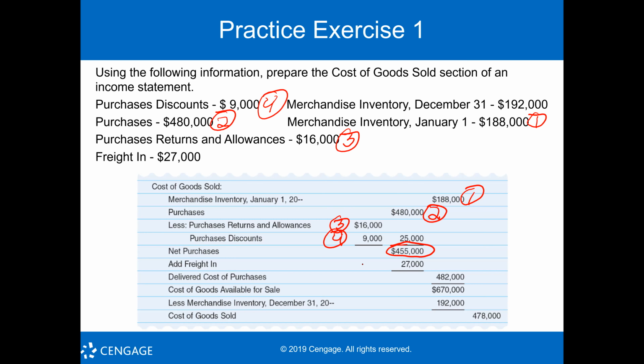And then we're going to add freight in. So that's number 5. That gets us to that delivered cost of purchases, right? And so we take our beginning inventory, number 1, plus delivered cost of purchases, that equals cost of goods available for sale. And then we're going to subtract out the ending inventory, basically what we didn't sell, right? That's this number up here. That gets us to that cost of goods sold.